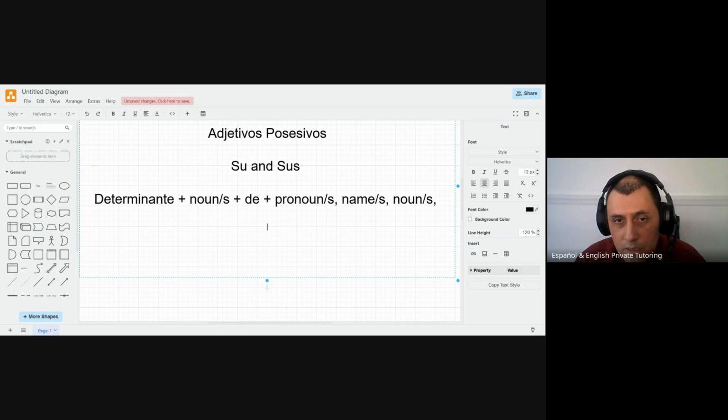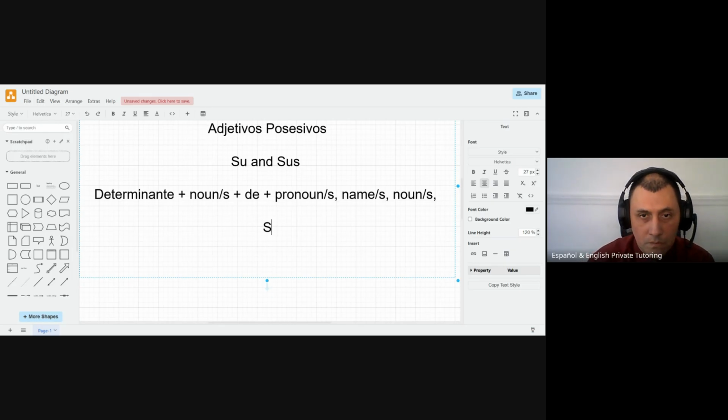You can also say Carla and Juan's car and bicycle. You see? So let's do Carla and Juan's car and bicycle. So it'll be su carro y bicicleta.